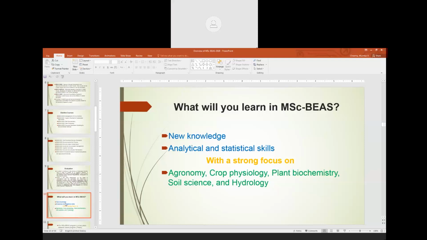One important thing, as we can see from the title, is Boreal Ecosystems and Agricultural Sciences. All the grad student research projects are structured specifically keeping in view the boreal climate or boreal ecosystems.